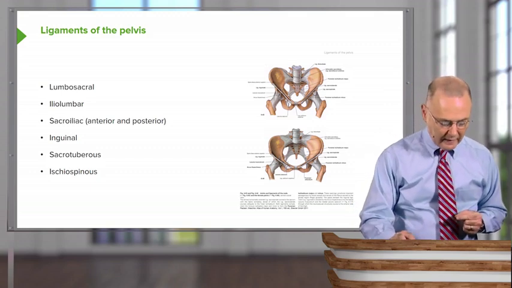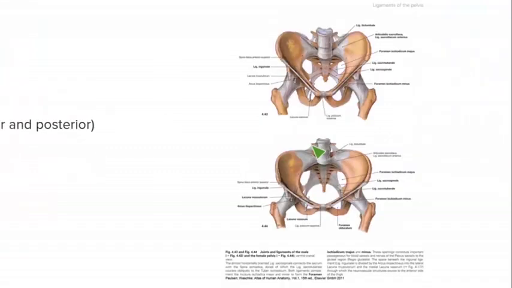This one is really not well identified, but if we look at the transverse process here, the fifth lumbar vertebra, and look at this ligament that's attached to it and then attached to the superior aspect of the ala of the sacrum, this is your lumbosacral ligament.